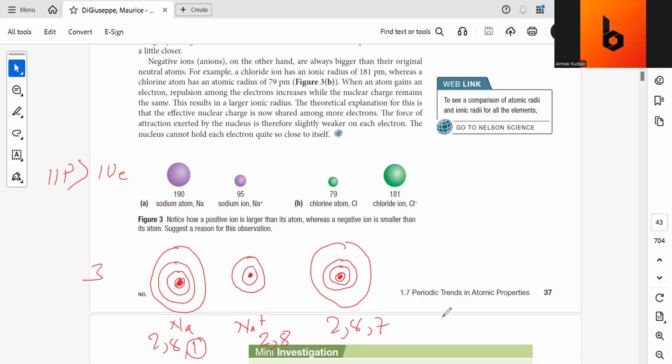Now, chlorine has 2, 8, 7. When you have the chlorine anion, it is 2, 8, 8. Now already the shell is crowded here.